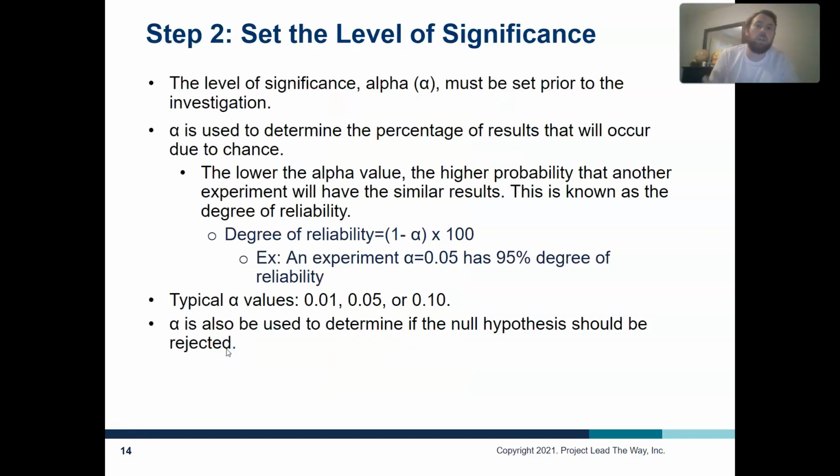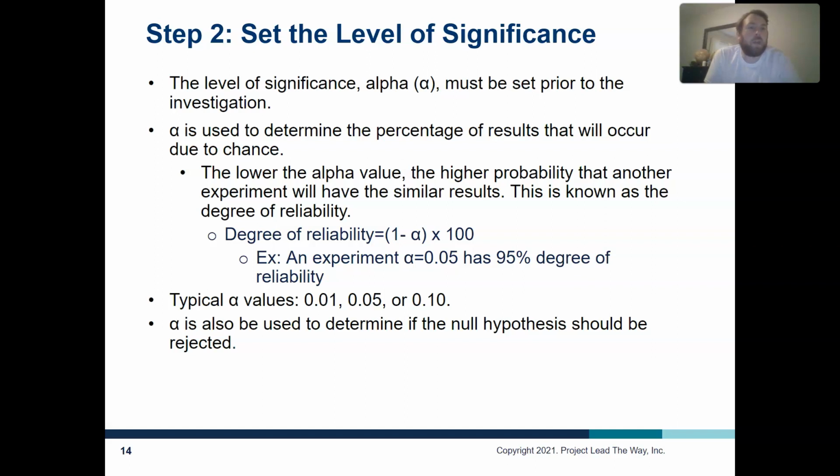So what we need to do is set the level of significance, which we call alpha, before the investigation begins. We need to figure out exactly how many times I'm okay with the same event happening by chance. So alpha is used to determine the percentage of results that occur only due to chance, as in flipping a coin over and over again is 50% heads, 50% tails.